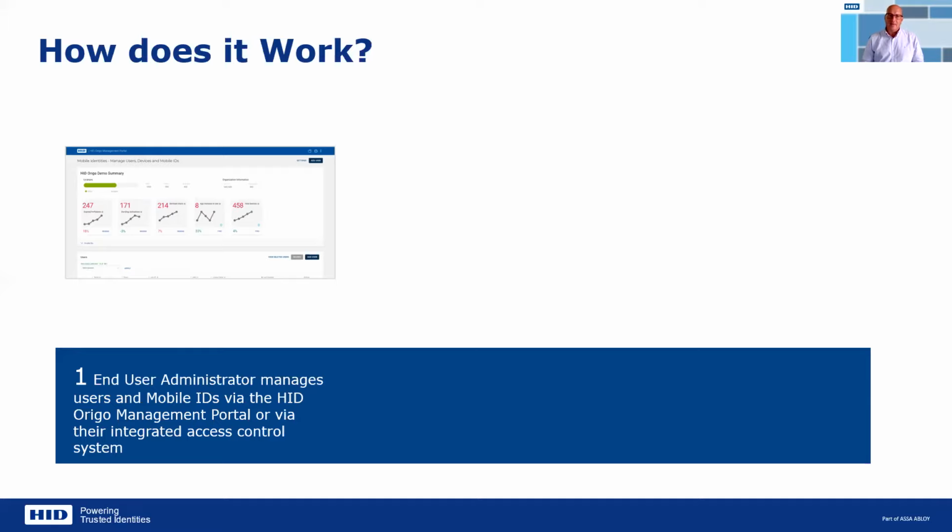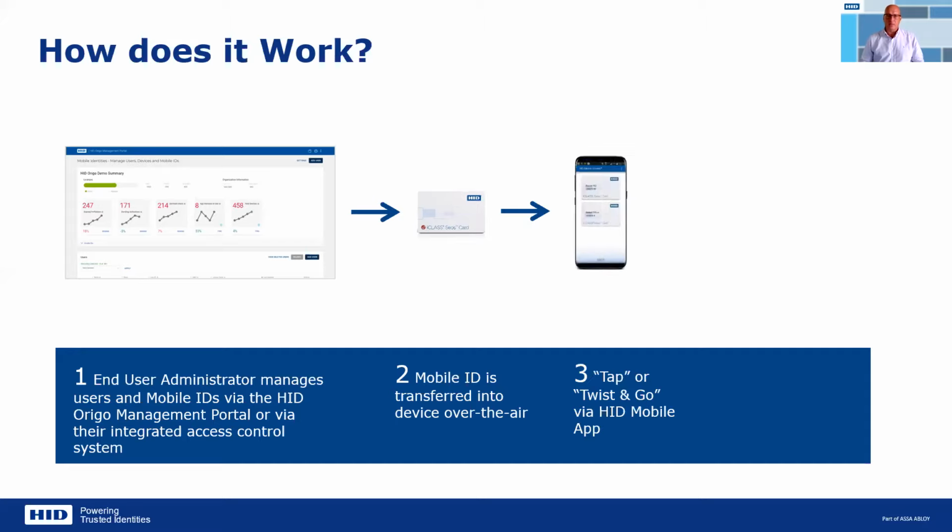So they can issue or revoke credentials to individual users. If they issue an access control credential to a specific user, this mobile credential, mobile ID, is transferred to the device over the air. So it's downloaded automatically to your phone, to your mobile access application.